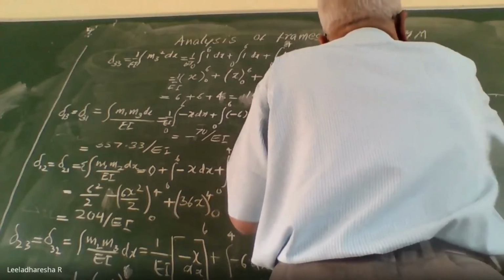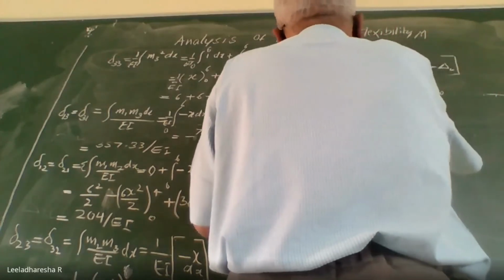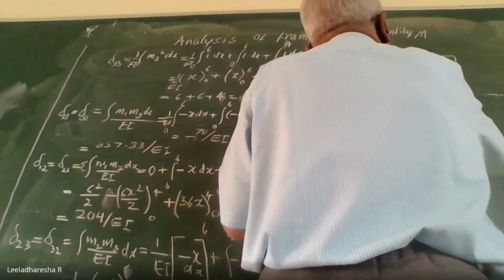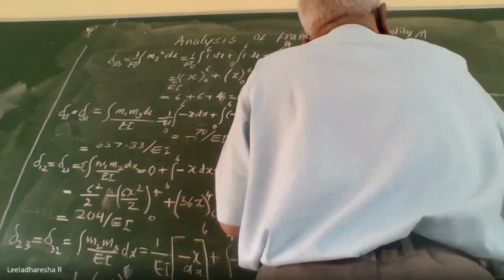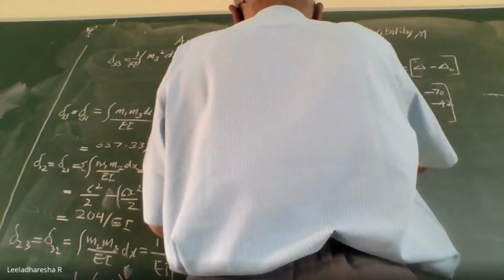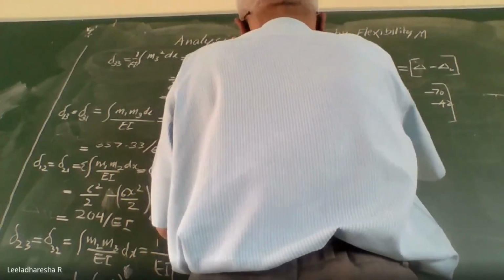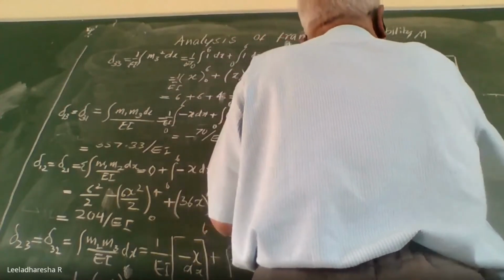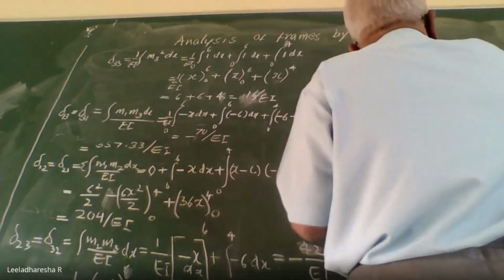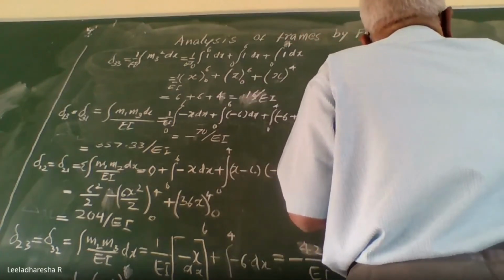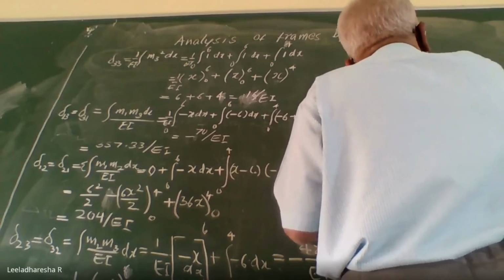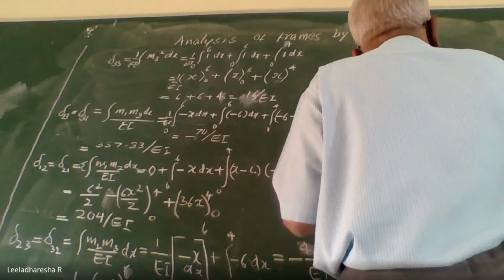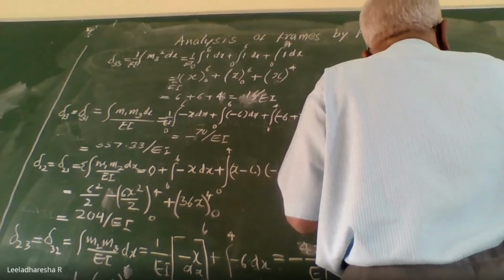Minus 70, again 216, minus 42, and the third row minus 70, minus 42, 60, into the F matrix, that is horizontal reaction HD, vertical reaction VD, and the moment MD.